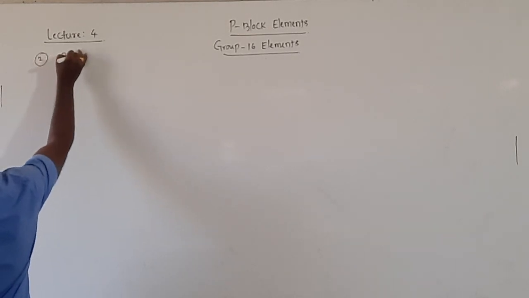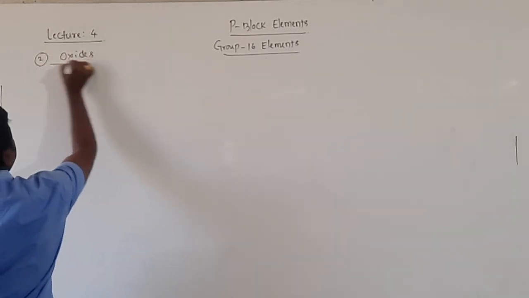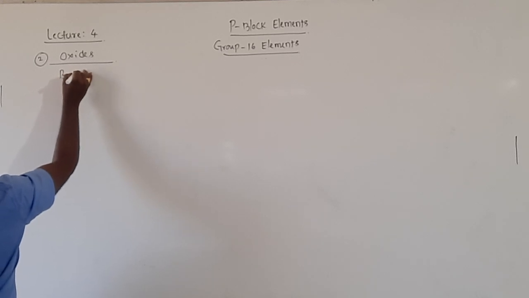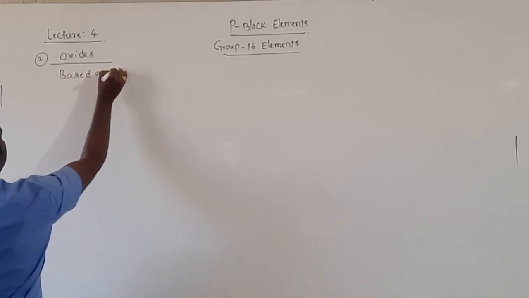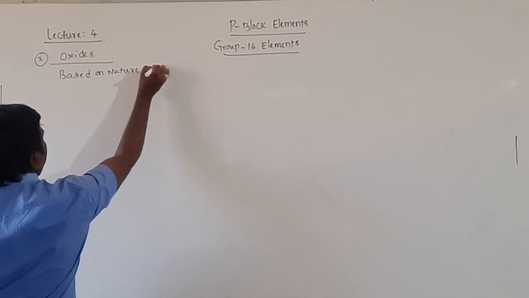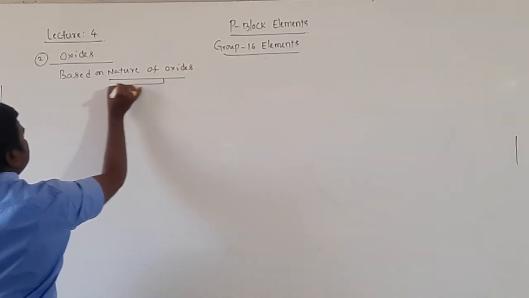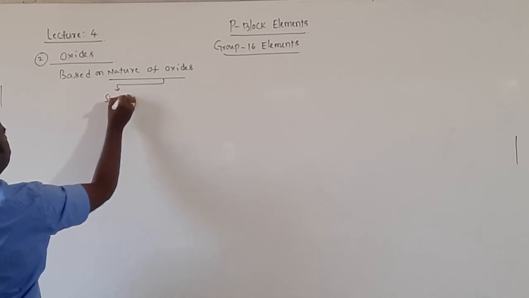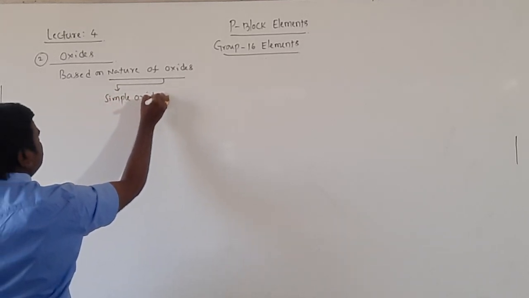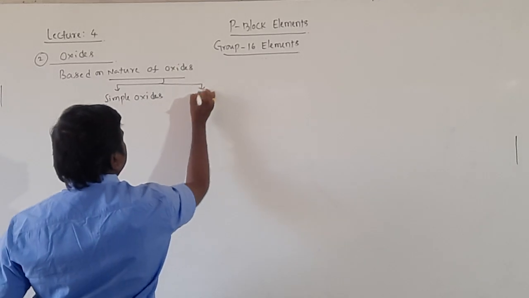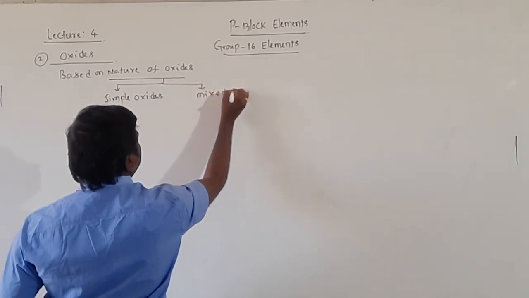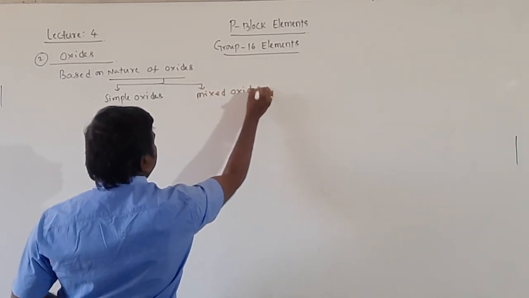Second component of oxygen is oxides. Based on the nature of oxides, oxides are two types: simple oxides and mixed oxides.